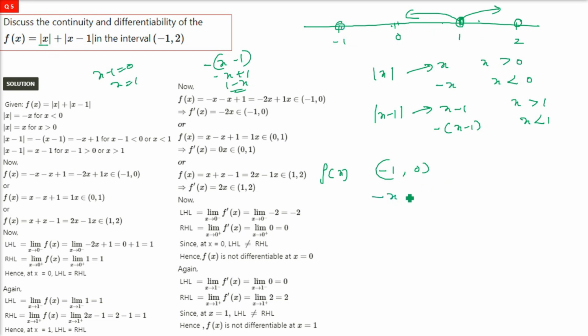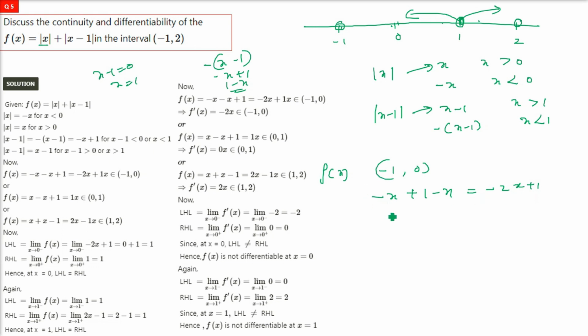And since you are still below 1, it is going to be negative x minus 1. Just check what we are dealing with. We are between minus 1 and 0. So you are below 0, and below 1, mod x minus 1 is negative. Below 1 and below 0, mod x is negative. So just write negative, negative. So minus 2x plus 1 for minus 1 to 0. I hope you got the idea.